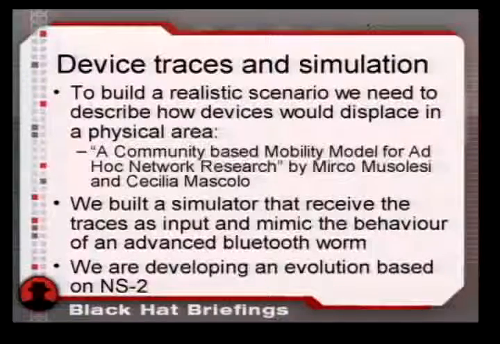And they developed a tool that can generate movement traces of devices, of nodes of a network. You can specify the minimum and maximum speed of these nodes and another bunch of parameters. We built actually a simulator, some sort of simple network simulator that uses these traces as input.